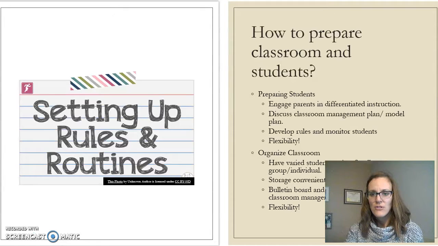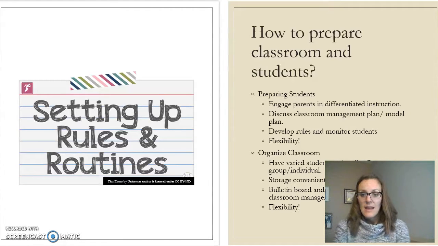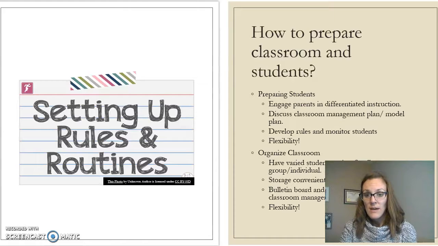Have storage and items easily accessible for students so that they can get to what they need in a way that's not disruptive, without disrupting you, without disrupting their classmates, without causing a problem.